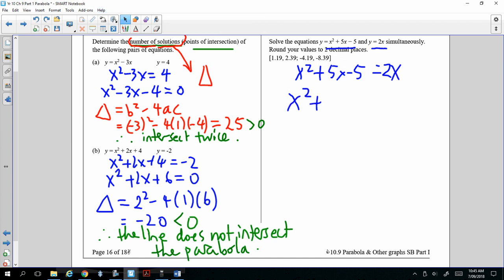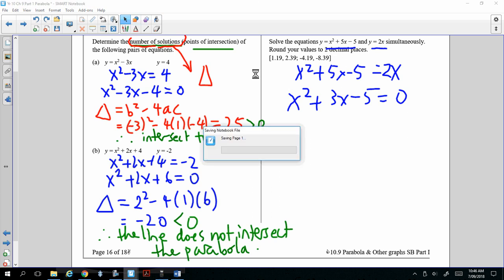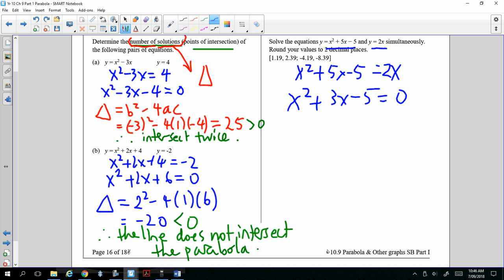Like that. And then you continue. So obviously, if you look at it, you cannot factorize. So what happens if you can't factorize? What method would you use to solve it? The quadratic formula. Okay, let's use the quadratic formula.